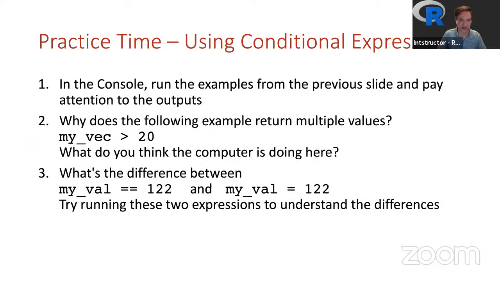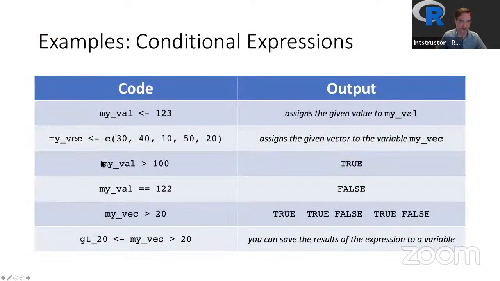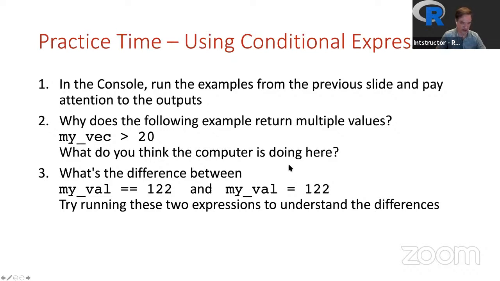Okay, so we're back to practice time here. In the console, I want you to go ahead and make this vector. I want you to practice executing some of these coding expressions and looking at the output. You don't need to take too much time here. It should hopefully be fairly quick to do.